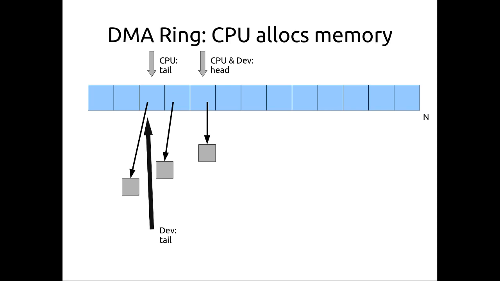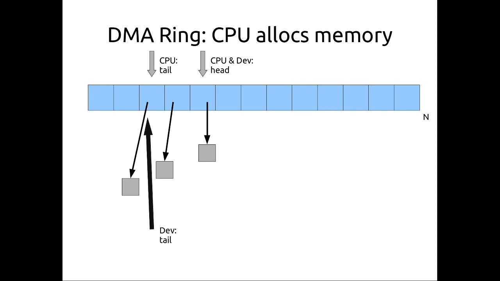The device, with the big arrow from the bottom, maintains a tail pointer, for when the device wants to transfer data into the memory of the CPU. When the CPU requests that data be transferred, the device starts transferring data into the buffer pointed to by the index that this tail points to.